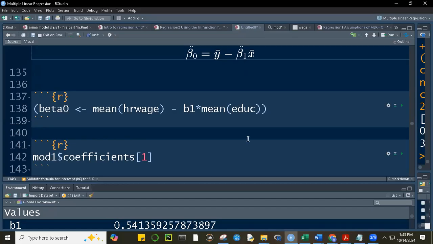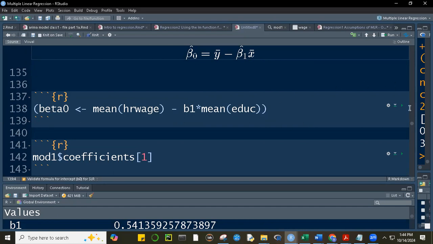Okay, so that's very easy to run here in R. So our beta 0 is equal to mean of hourly wage, that's your Y bar. So it's okay not to put the dollar sign there. Okay, and then minus B1, we have already computed this. This is your slope, and then multiply that by your mean of education.